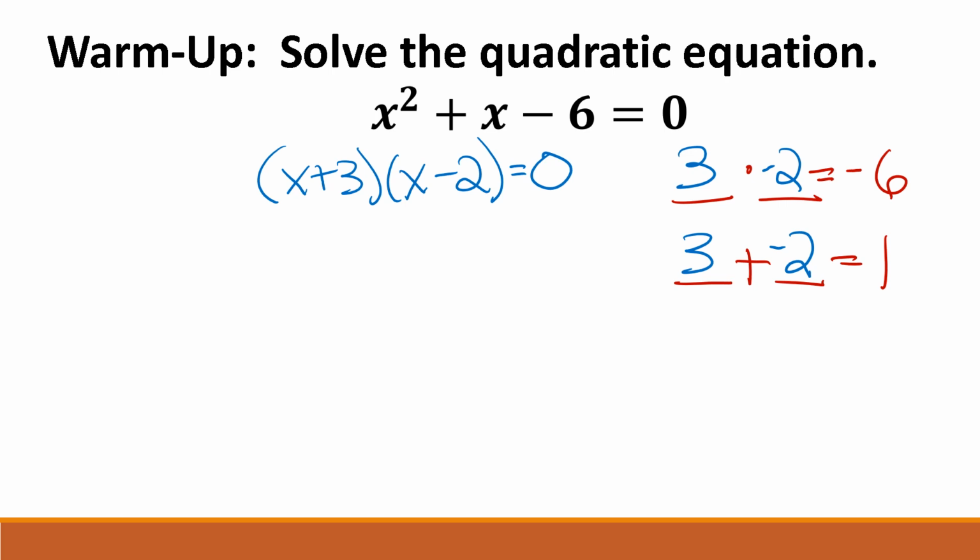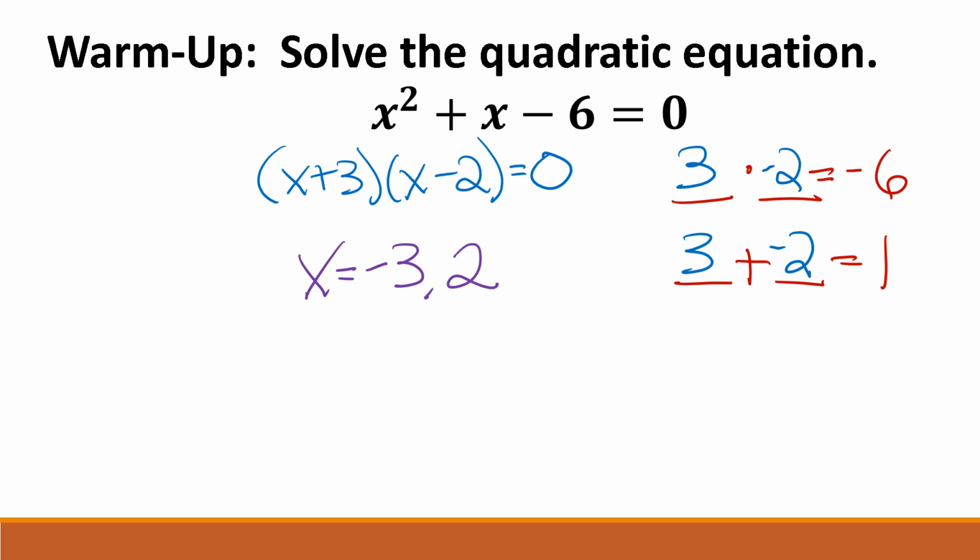No, what would my answer be? Yeah, so we technically set both factors equal to 0. Shortcut is it's the opposite sign. So we say our answer is x equals -3, x equals 2. So that's how we solve.